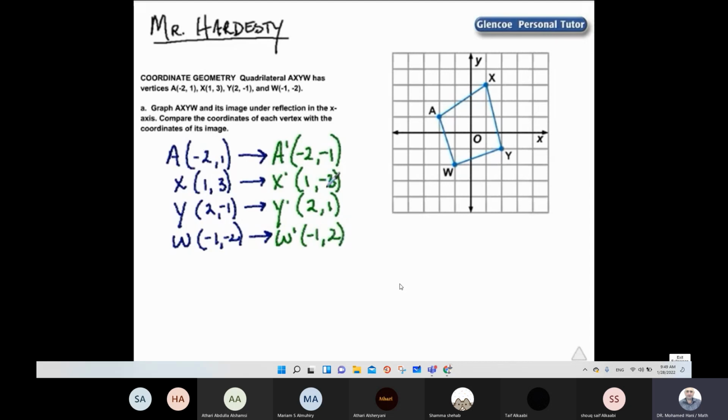Now we'll plot all 4 of our new points and build our reflected quadrilateral. A prime is at (-2, -1). Plot the point and we'll label it. X prime is at (1, -3). Y prime is at (2, 1).